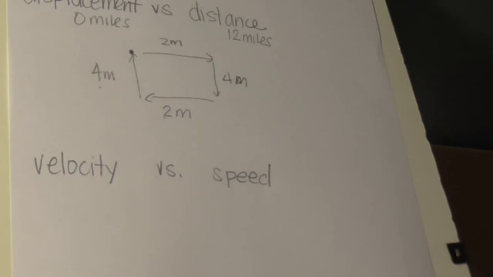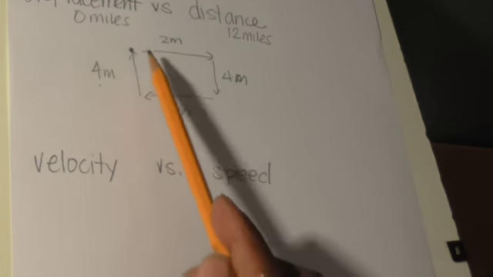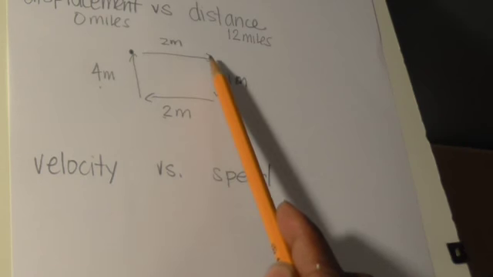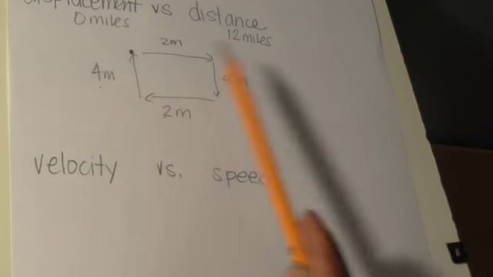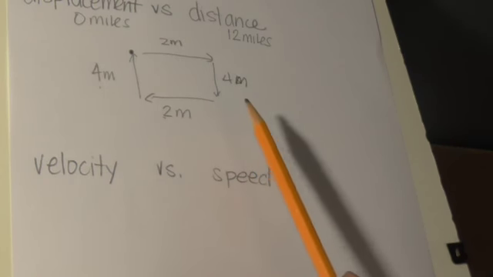So you can actually have a negative velocity if you're going in a negative direction, and negative is usually determined by the problem. So let's say if I decide that north is the positive direction and you go south, then that would be negative. So in other words, this is kind of a positive displacement. This would be a negative displacement. This is a positive displacement. This is a negative displacement.